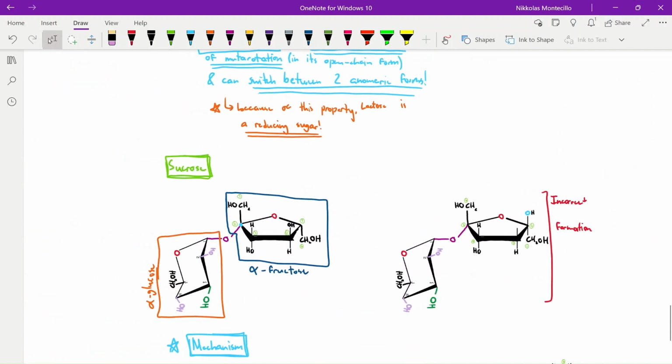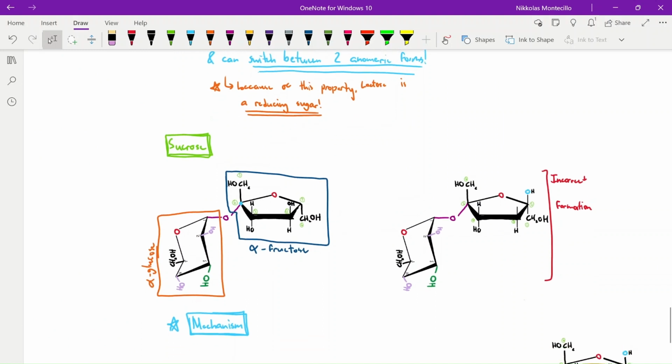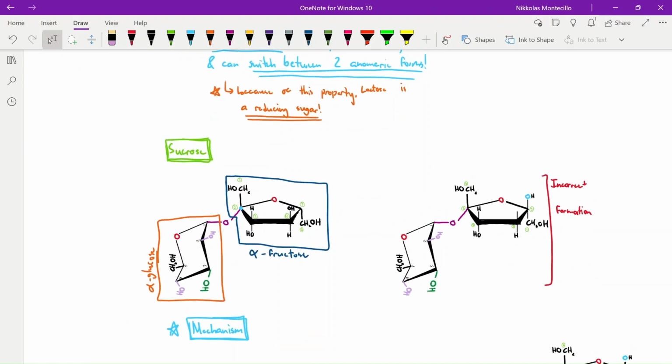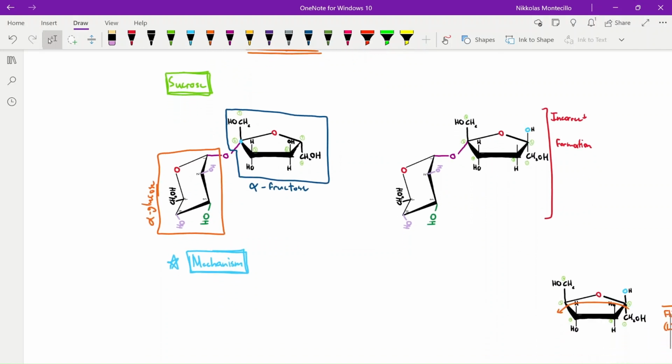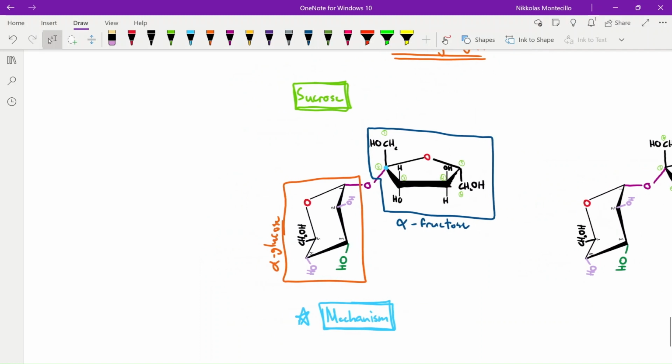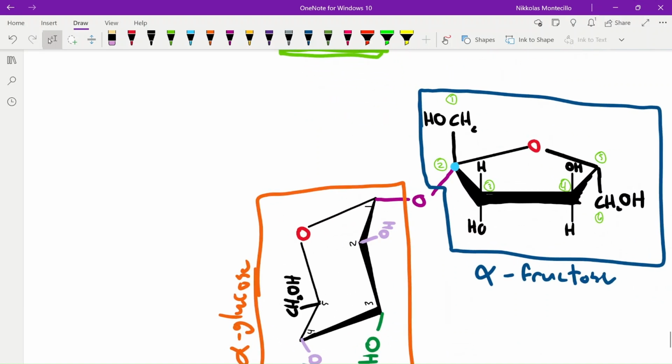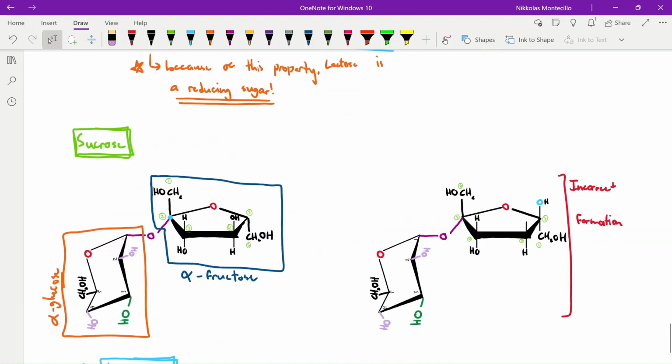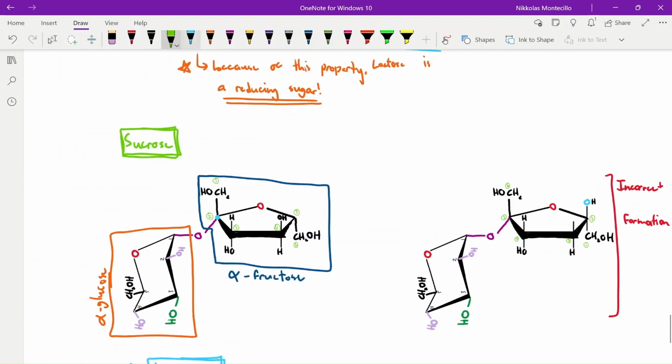So let's just go through the synthesis of sucrose. Now, it's important to note that the glycosidic linkage here is very different from the previous two. We can see here that the linkage occurs between carbon 1 and carbon 2, so we get a 1,2 glycosidic linkage.